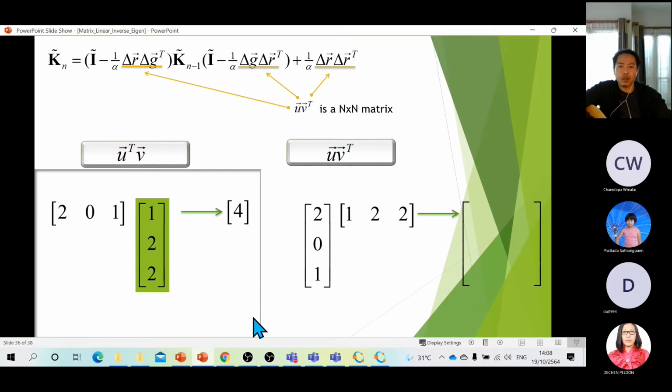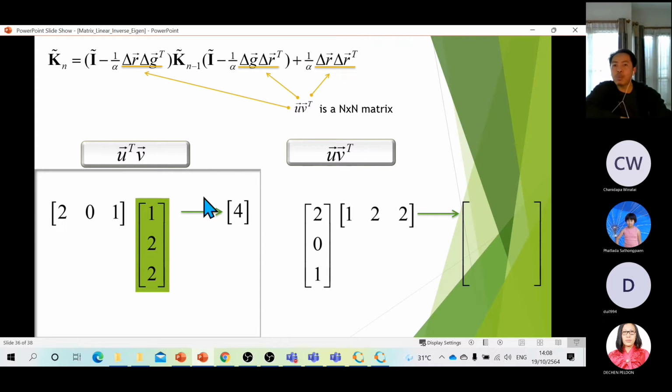On the left panel, we have the conventional dot product. We have a vector v, a bamboo stick, 1, 2, and u transpose. Transpose means you twist the thing 90 degrees. So you have that on the horizontal axis, say for example 2, 0, 1 instead.